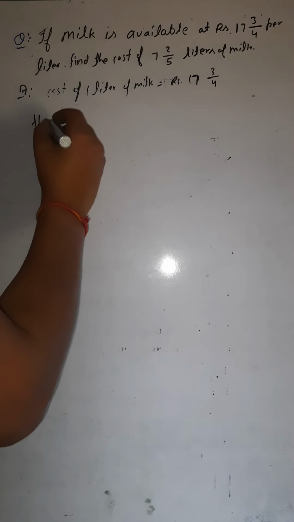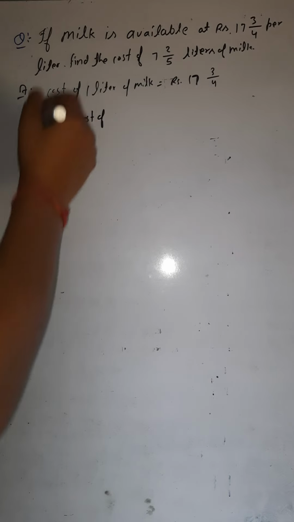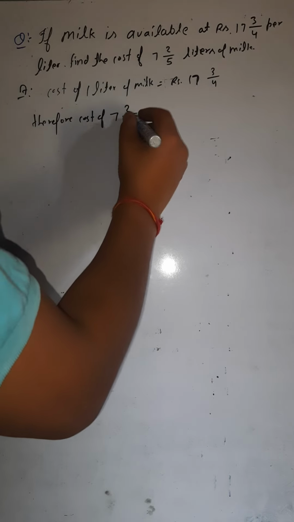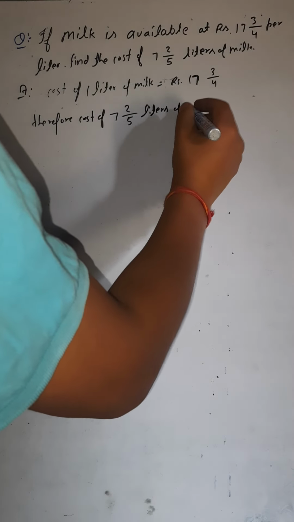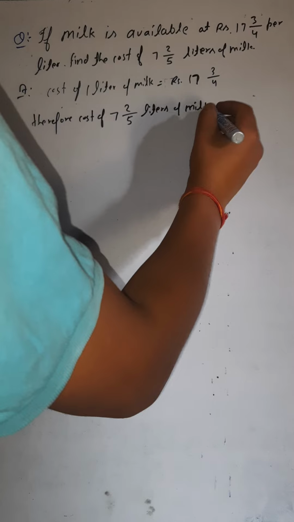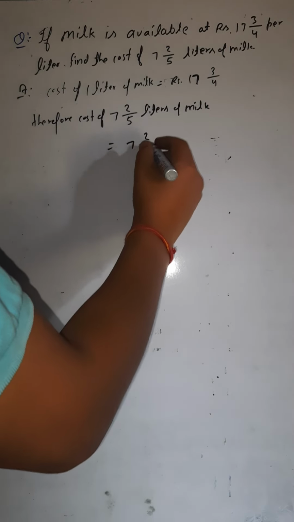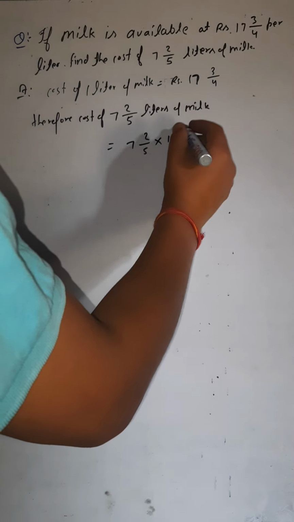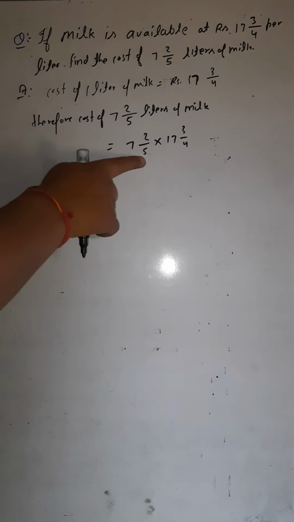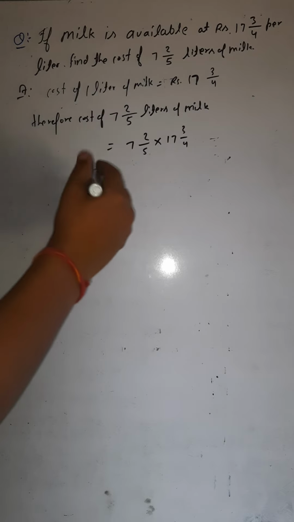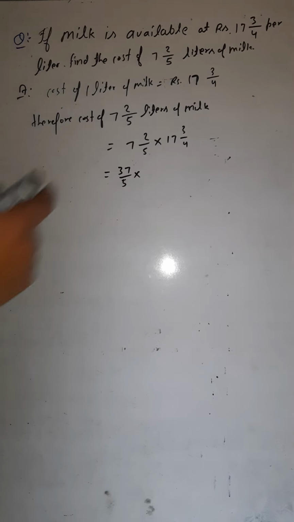Therefore cost of 7 whole 2 by 5 liters of milk would be how much? This multiply this. So would be 7 whole 2 by 5 multiply 17 whole 3 by 4. Just simplify this. 7 fives are 35. 35 plus 2 is 37 by 5. Similarly here 17 fours are 68.